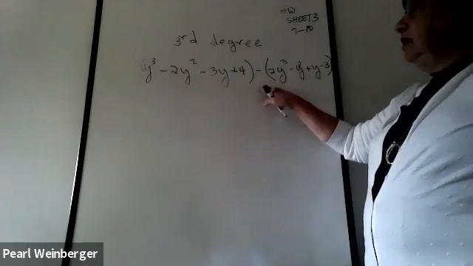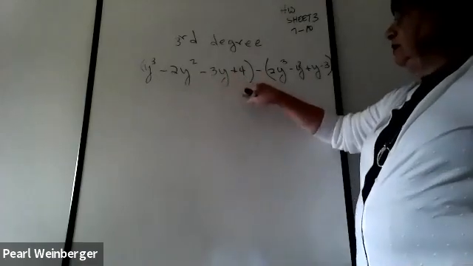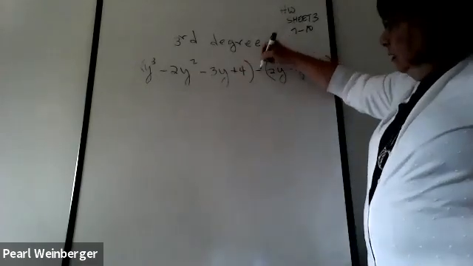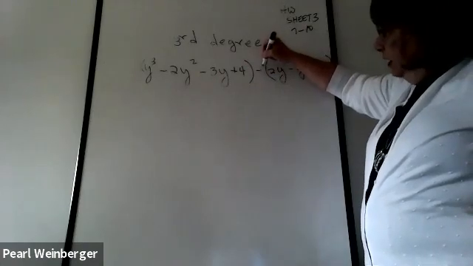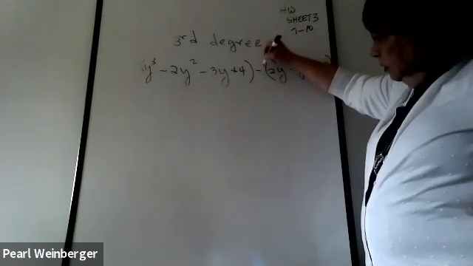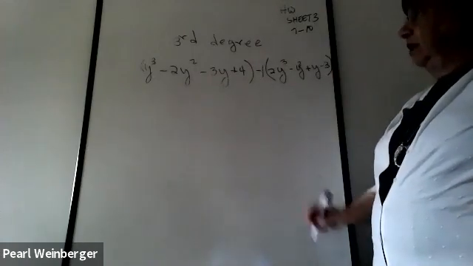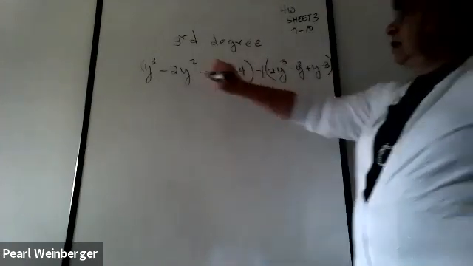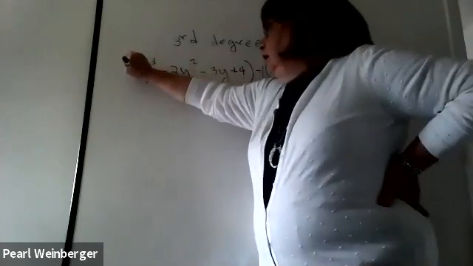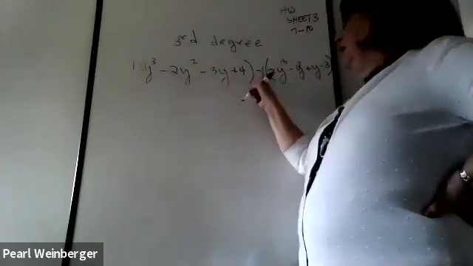Now, I think the easiest way to do something like this is remembering if there's a minus in front of an exponent without any number, it's understood as if there's a number 1 there. So there's a number 1 here and a negative 1 over here.